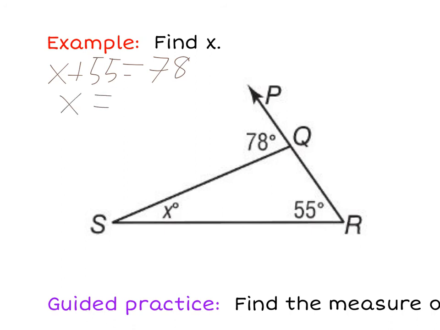X is going to be equal to, what is that, 23? Yeah, x is equal to 23. Two-step problem. Just by knowing that this exterior angle, PQS, is the sum of angle S plus angle R.